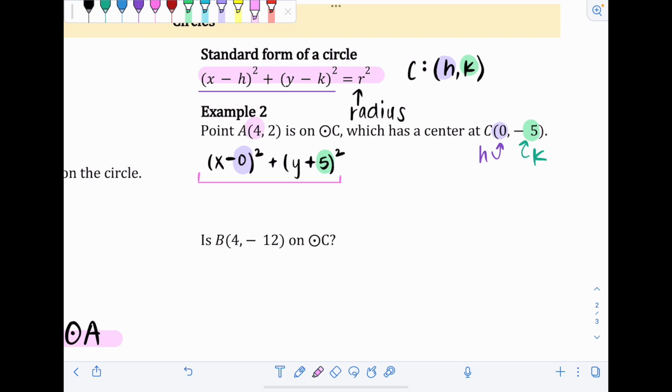So I'm going to put 4 in for x, and then I'm going to put 2 in for y, but I'm going to do it in another step. So 4 is going to go in for x, so it'd be 4 minus 0 squared, and then plus 2 is going to go in for y, so it'd be 2 plus 5 squared. I'm going to erase that h and k and move it up above.